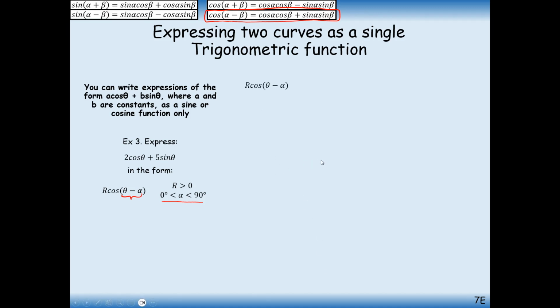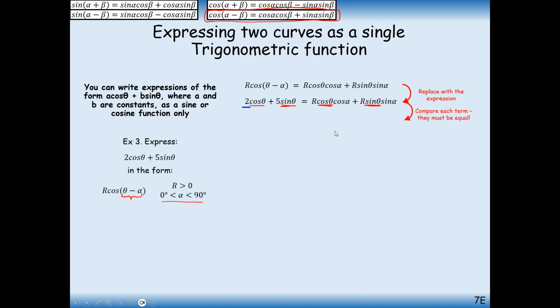We're going to multiply everything on that line by capital R, so we get this expression here, and we're going to do some matching up of terms. So matching up the cos alpha with cos theta, and sine theta with sine theta here will leave us with 2 equal to R cos alpha.